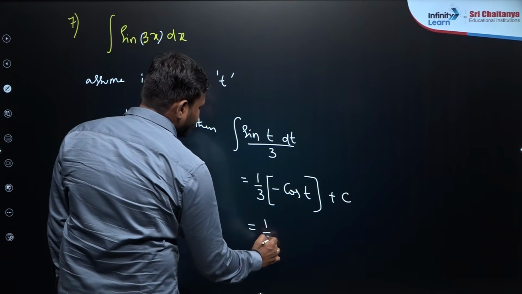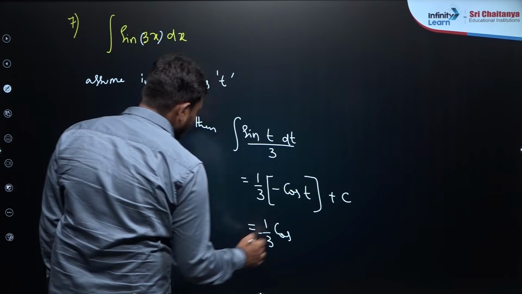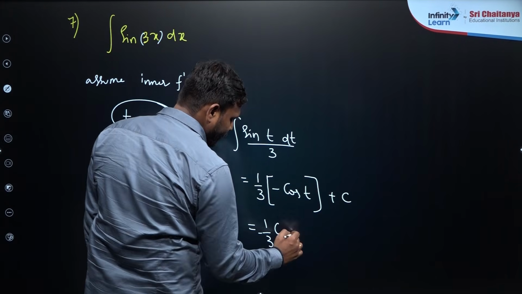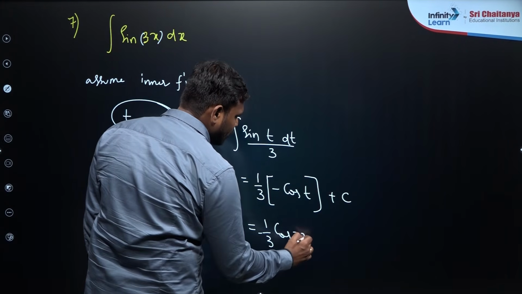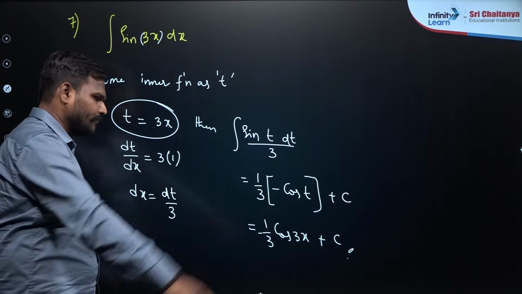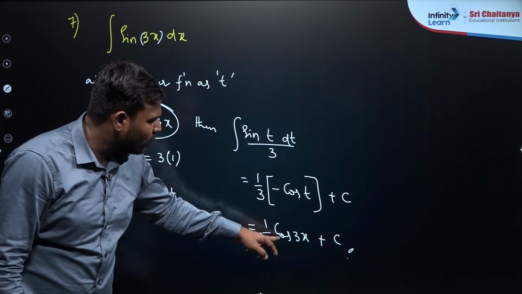As per the given question, what is t? 3x. So minus 1 by 3 cos 3x is the answer, and plus c we will write at the end. Is that clear? So minus 1 by 3 cos 3x.